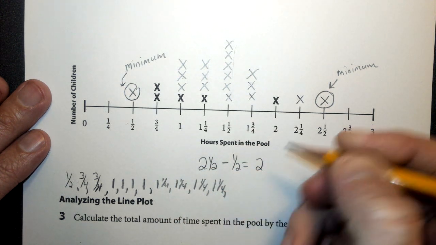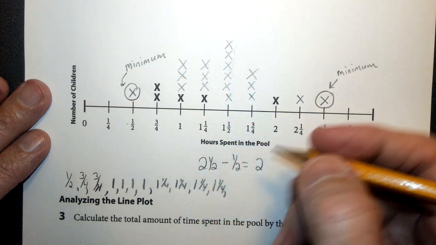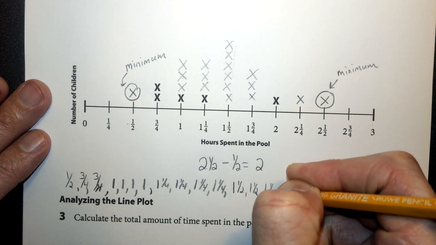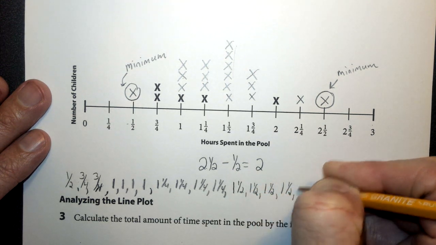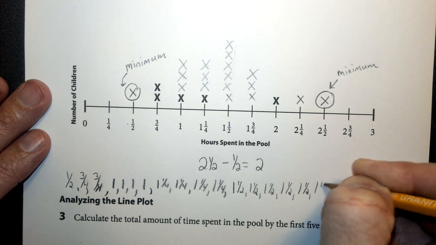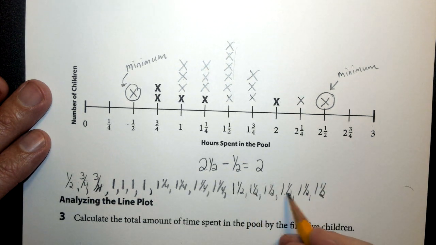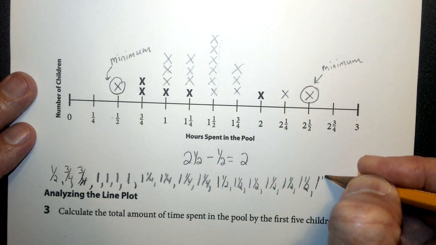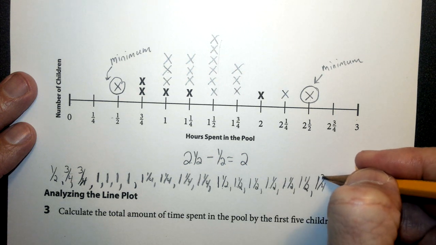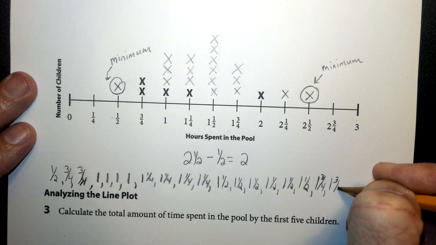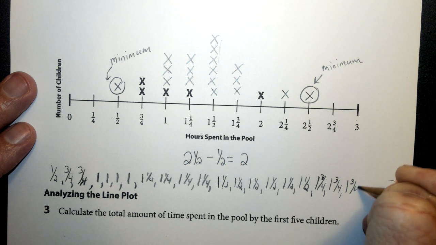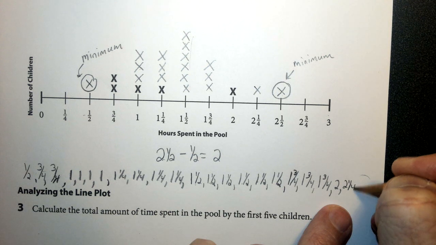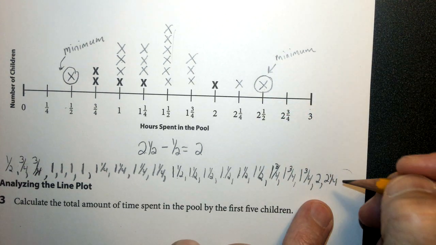And then we have 6 1/2, 6 1/2. Then we have 3 1 1/4, or 1 3/4. And then a 2 1/4, and then a 2 1/2.